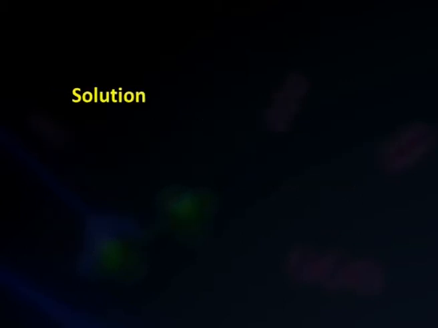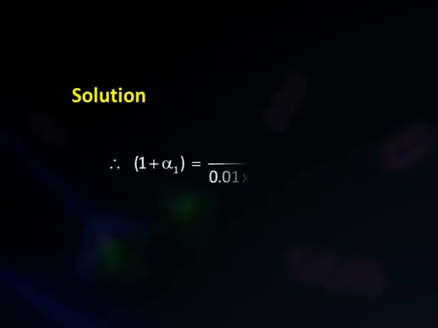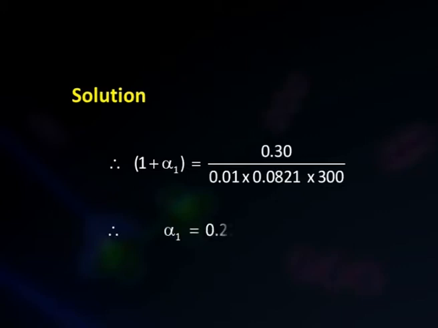Now, the osmotic pressure of the first solution, that is π1, equal to C1ST into (1 plus α1), and the osmotic pressure for the second solution, that is for HB, π2, equal to C2ST into (1 plus α2). Equating both the equations, we will get 1 plus α1 equal to 0.30 upon 0.01 into 0.0821 multiplied by 300, or we get α1 equal to 0.218.